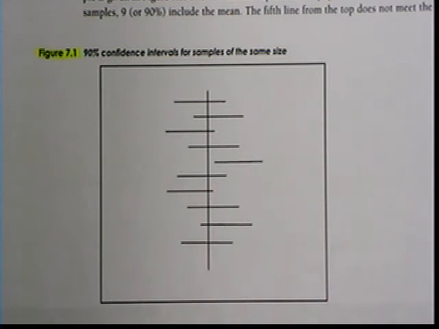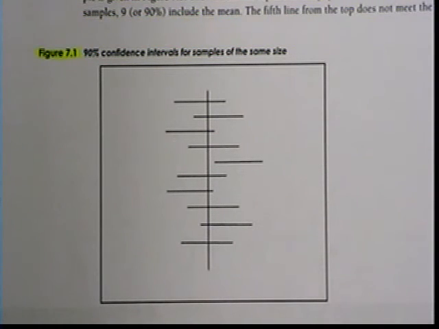It's at the 90% level, and that's what we expect. At the 90% level, we expect 90% of the confidence intervals that we construct to contain the true population mean.